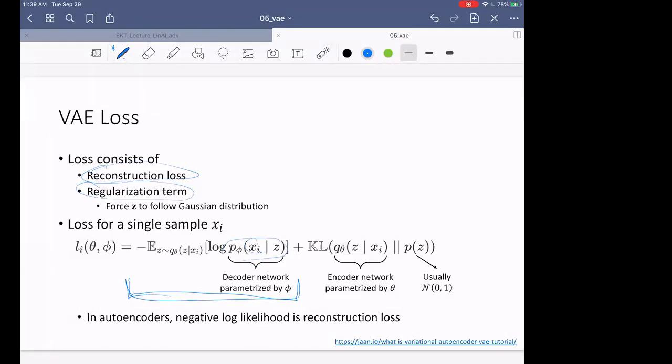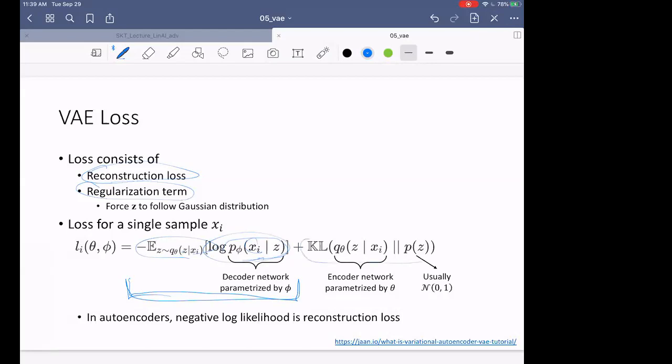a reconstruction loss. You can think of this as sampling from z, which is sampling from the posterior distribution, the q function. You encode your x to the z space, sample from your z space, and convert your z to an x, and you want to maximize the chance of that being a true x, which is the reconstruction loss.